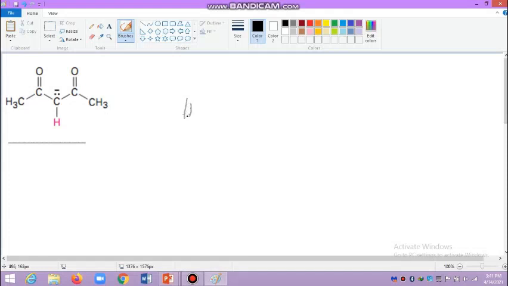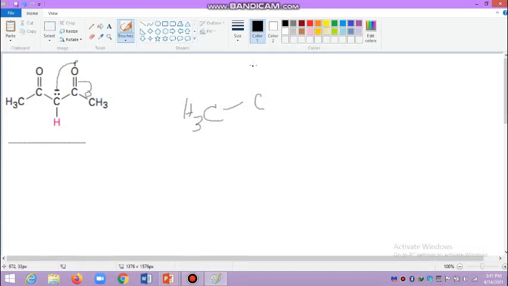So, H3C, ayan, and then C, let us first transfer this negative sign and the lone pair electrons on oxygen, and we will transfer this double bond here into carbon-to-carbon if it's applicable.